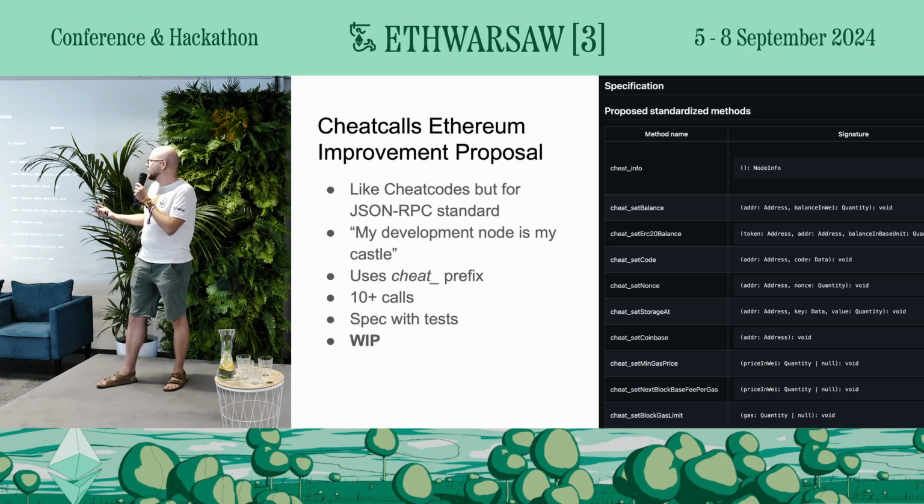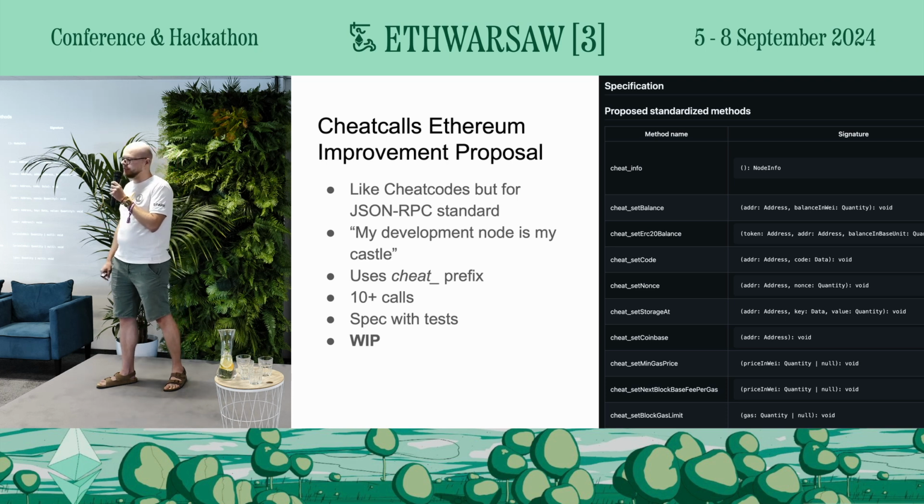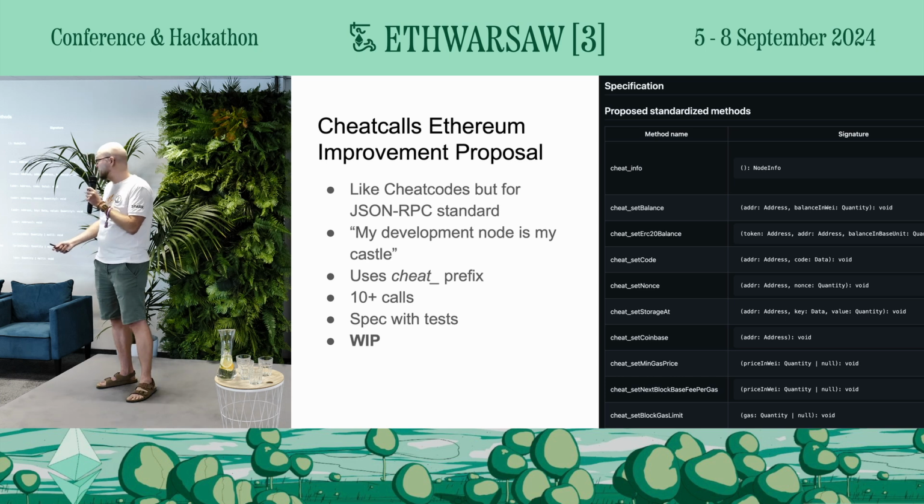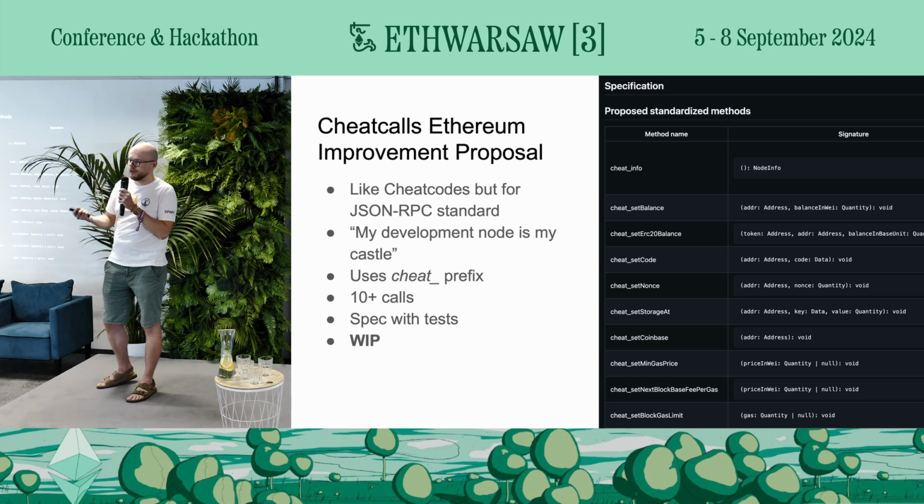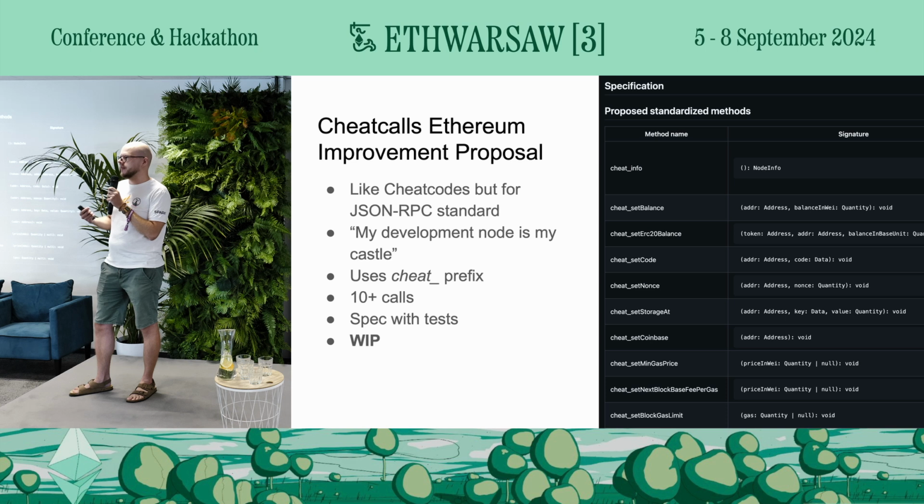We use a standardized cheat prefix, and on the right you can see a bunch of example cheat codes. We're going to get to them in a second, but what's pretty cool is that we want to have not only a written spec, but also tests for that spec, so we can have automated tests for whether a node is conforming to the spec.